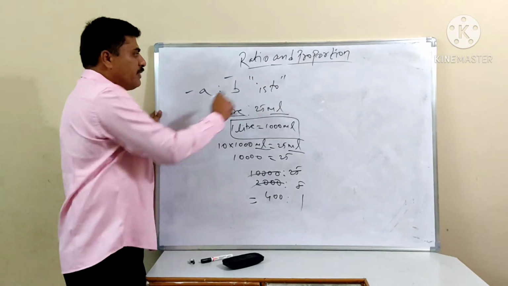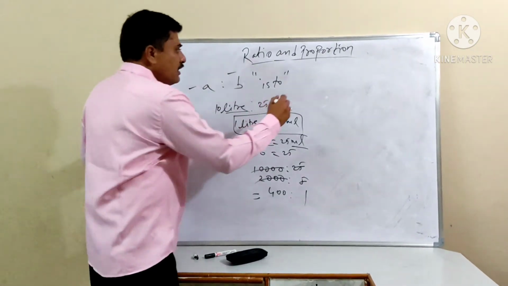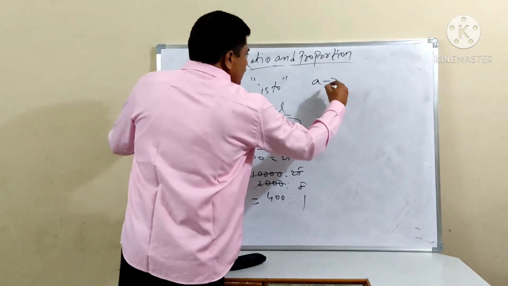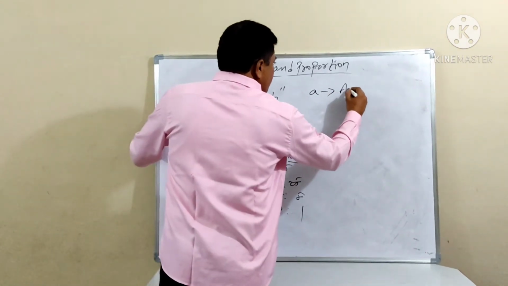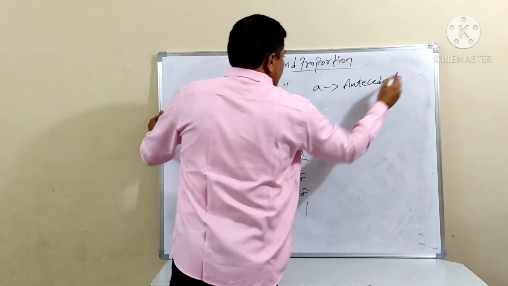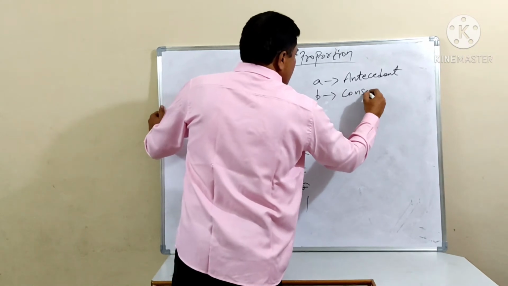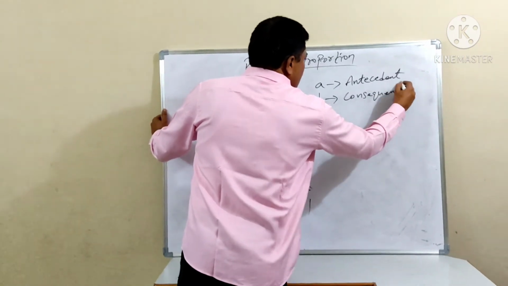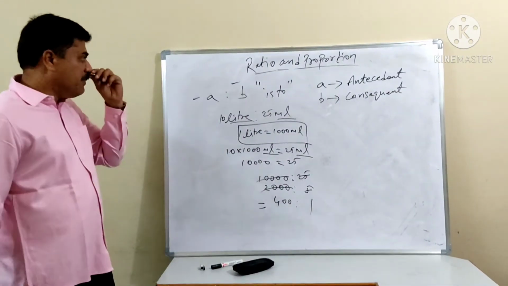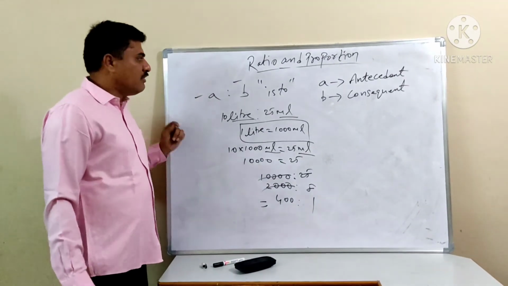Here A is to B. These two quantities are A and B. A is called antecedent. B is called consequent. Two quantities are there, A and B. Here A is called antecedent and B is called consequent.